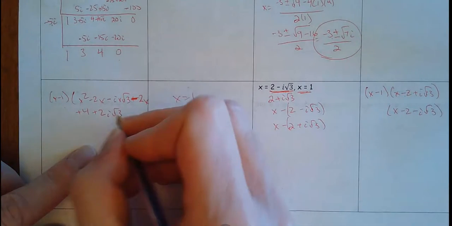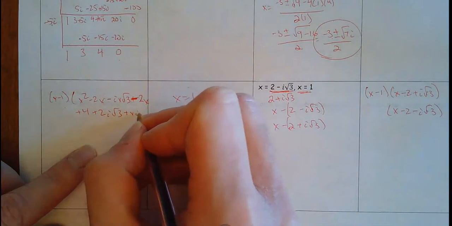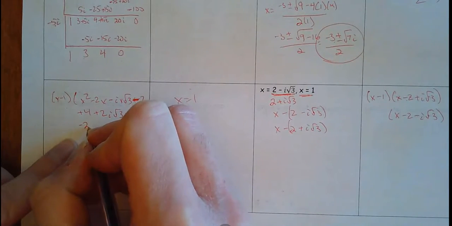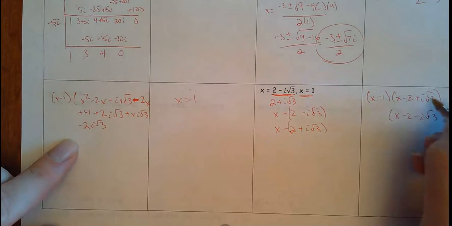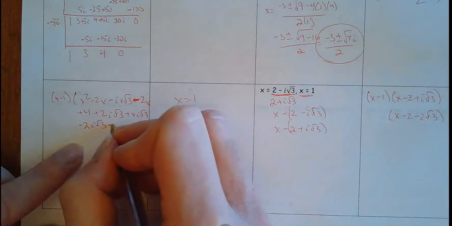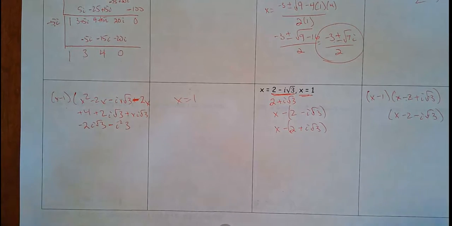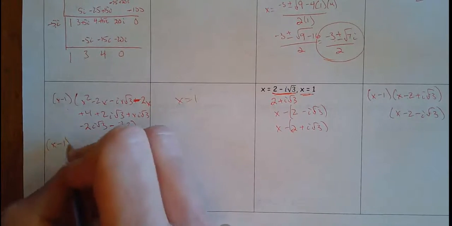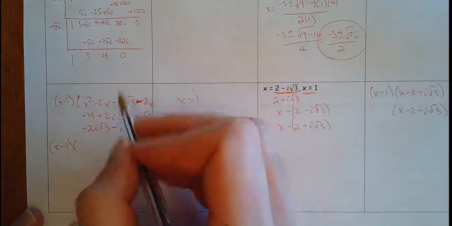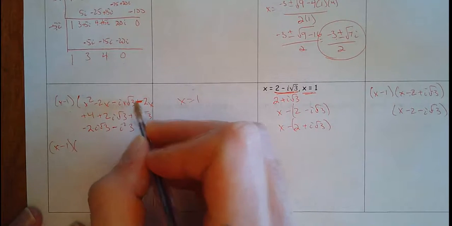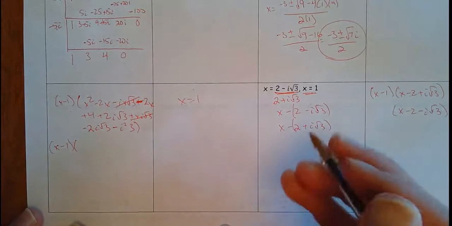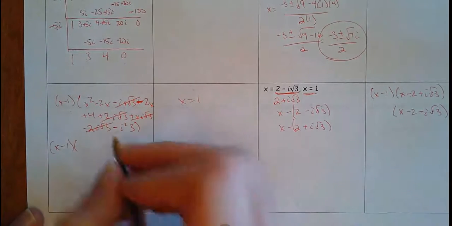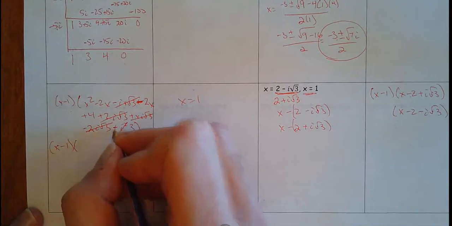And then I'll take this times everything, so plus xi radical 3 minus 2i radical 3. And then if I multiply these two together, minus i squared times 3. So I need to simplify everything in that parentheses. So x minus 1, and here, let's see, negative ix radical 3, positive ix radical 3, 2i radical 3, negative 2i radical 3, and then this would be a positive 3.